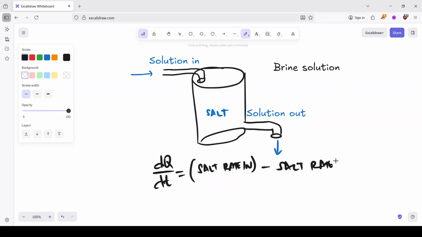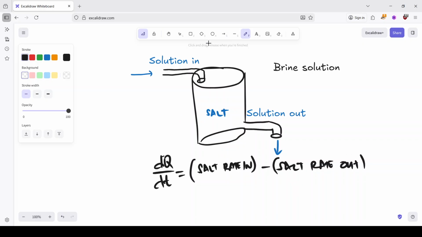In other words, if we introduce a solution with more salt than what is going out, then the mixture will have more salt inside. Now if we introduce a solution with less salt going in, more salt will be going out, so that will make the overall salt inside the solution less. So this will be our main formula going forward.